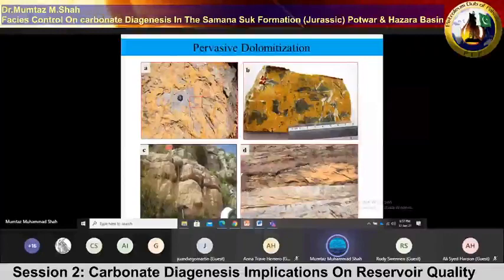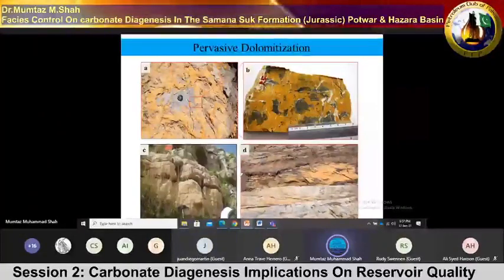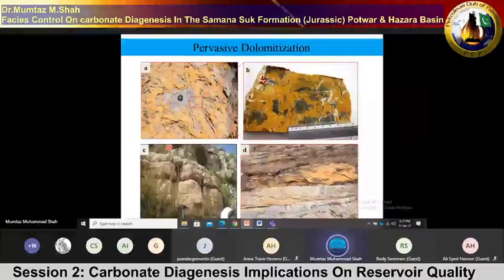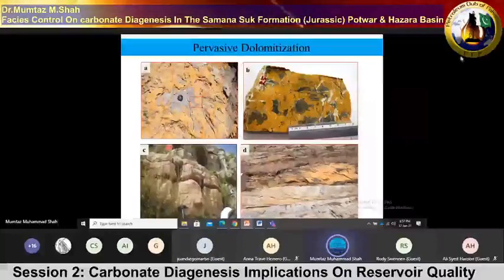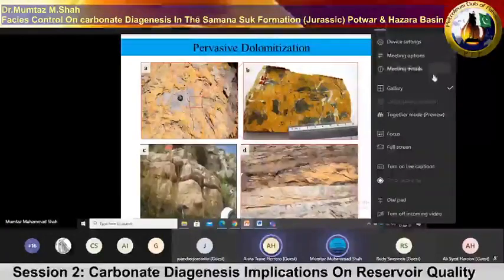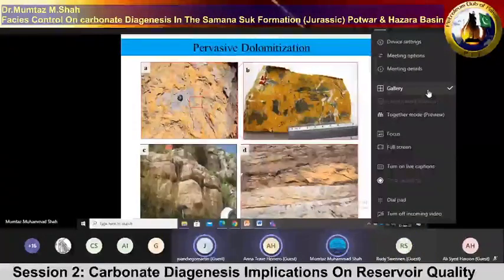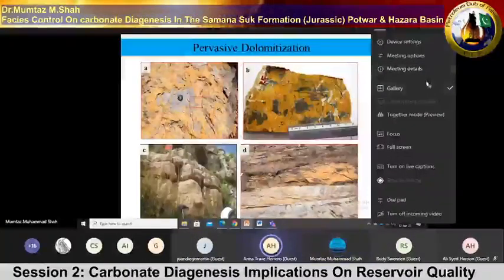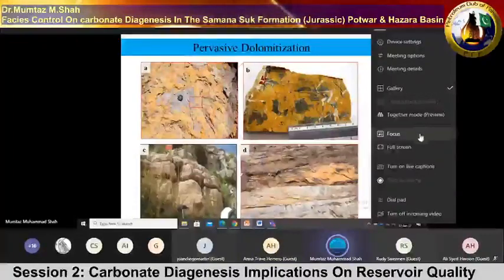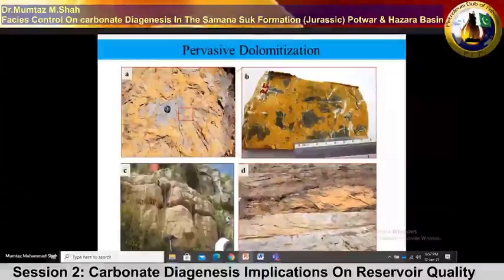Maybe I have opened so many things, that's why the speed may be a bit slow. Now I'm on fracture filling calcite. Can you see this slide? No, still pervasive dolomitization.